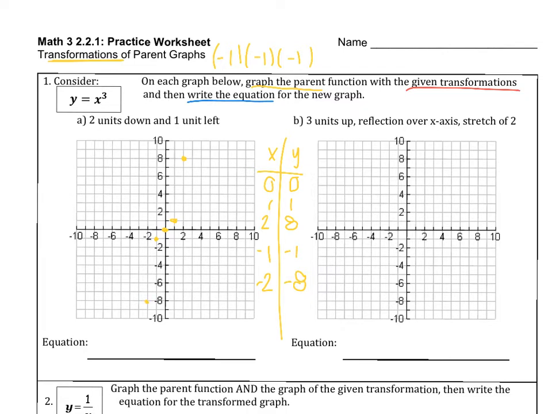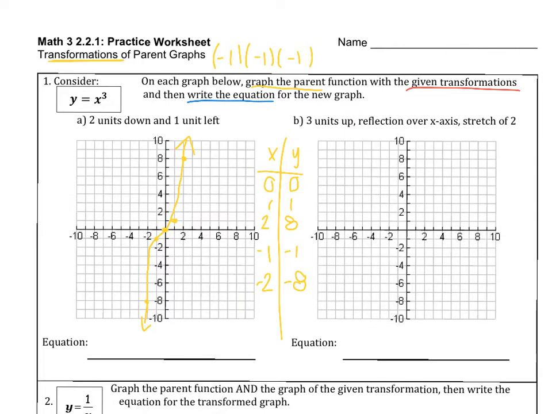Now we can see a pretty clear graph of what this is looking like. This graph is going to start down here, and then it kind of squiggles through the origin and continues on. So I'm going to try to sketch a smooth curve of this. This is the parent function x cubed, also known as a cubic function.